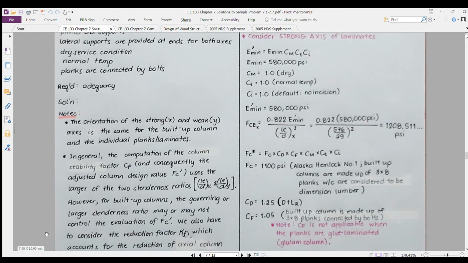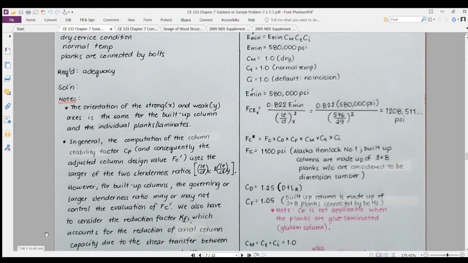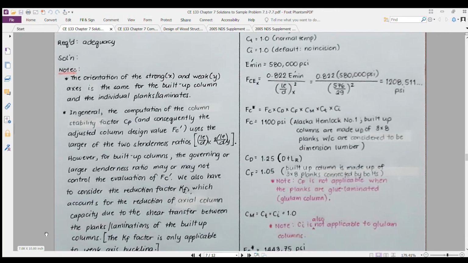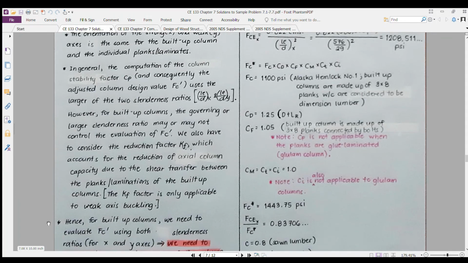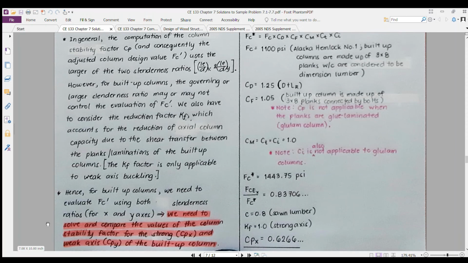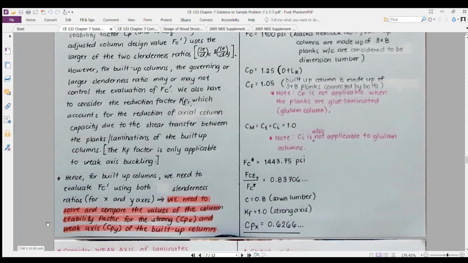We also need to consider the reduction factor K sub f, which accounts for the reduction of the actual column capacity due to the shear transfer between the planks or laminations of the built-up column. The K sub f factor is only applicable in weak axis buckling. Hence, for built-up columns, we need to evaluate F c prime using both slenderness ratios for the x and y axis, and compare the values of the column stability factor for the strong and weak axis.